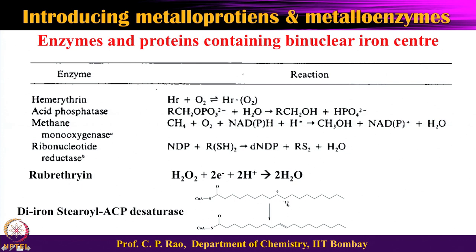Because there is a double bond, it is a desaturase. It creates an unsaturation in the saturated chain. But we are not going to look at the details of this particular enzyme because it is not so well known.